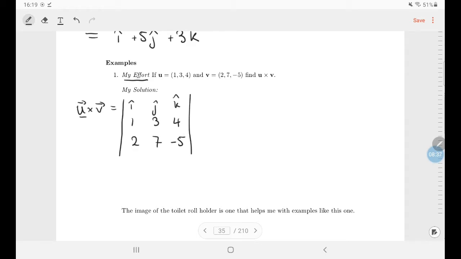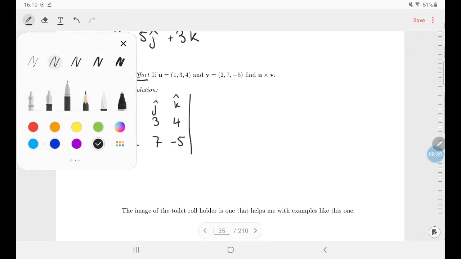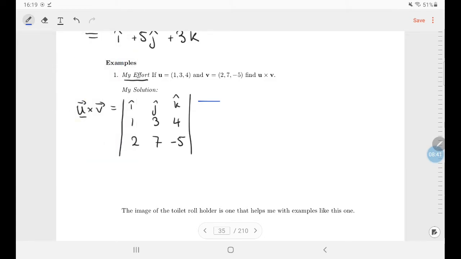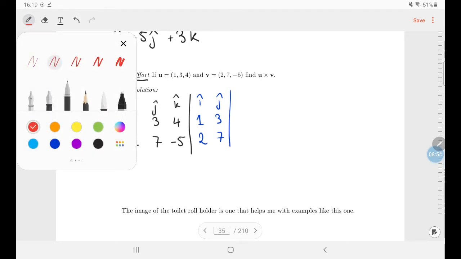Then you write the first two columns again. So that's I, 1, 2, J, 3, 7. And now you do right down diagonals minus left down diagonals.